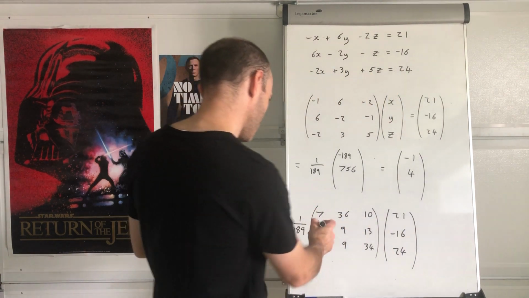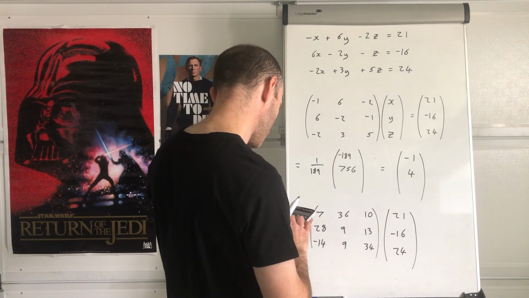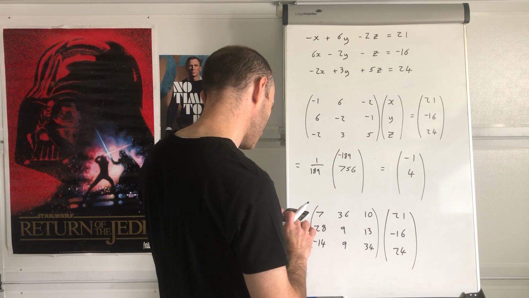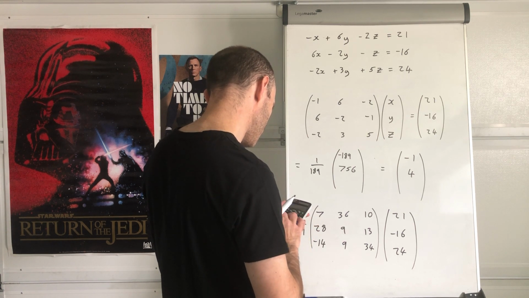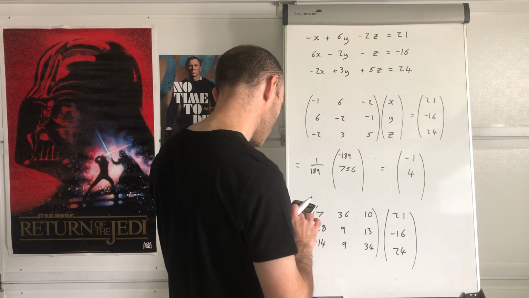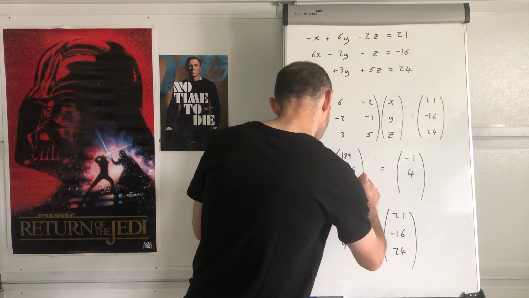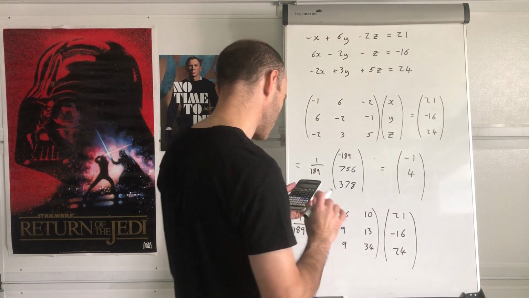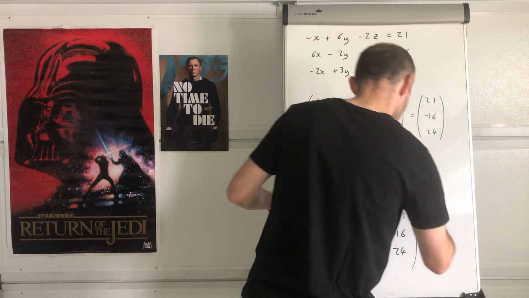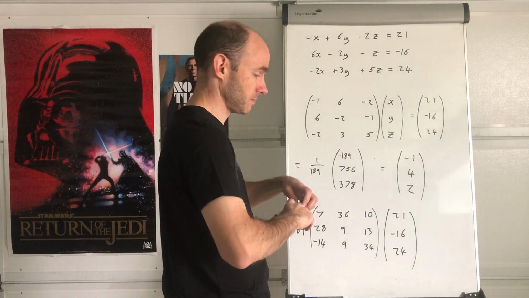And then the last one, this times this, so negative 14 times 21, subtract 9 times 16, plus 34 times 24, 378. I don't even need to press the divide button because I know it's going to be 2. Looks fairly right, isn't it?